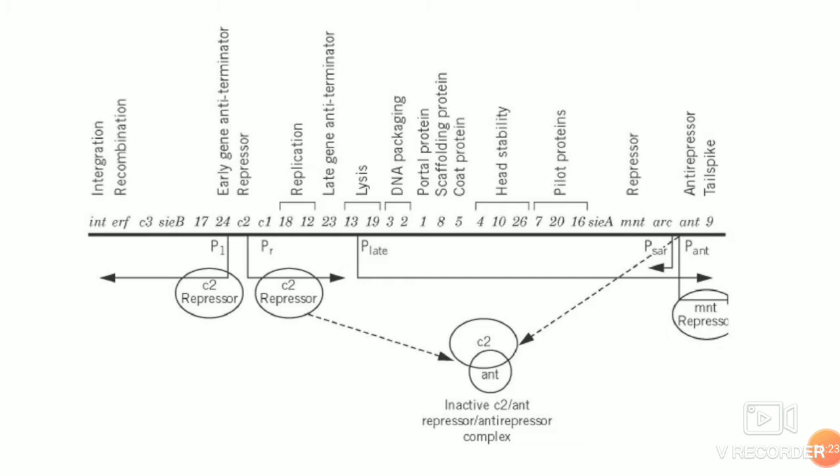The first is the modification of the host O antigen, which is the receptor, and is thereby inhibited. This is done by the genes encoded by the A1 region. The genes are SIE-A and SIE-B, which block superinfection.